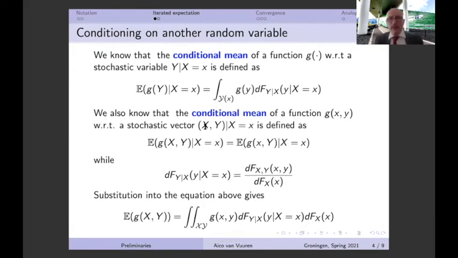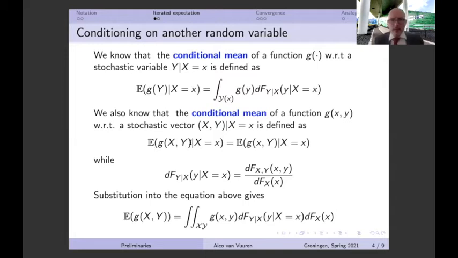So we can now look at the conditional mean of the multivariate function g(x,y) with respect to a stochastic vector (x,y) conditional on X equal to x. What is that? Well, that's of course by definition equal to the mean of g(X,Y) conditional on X equal to x. I haven't done anything yet. I just have introduced here the conditional mean.